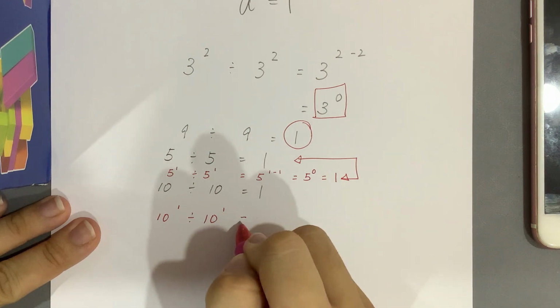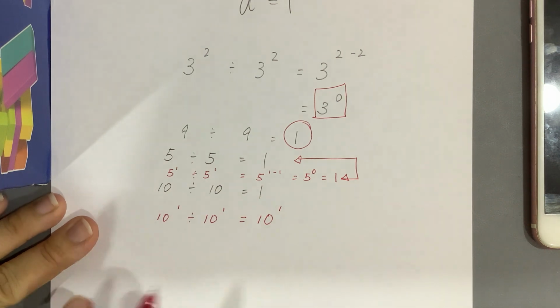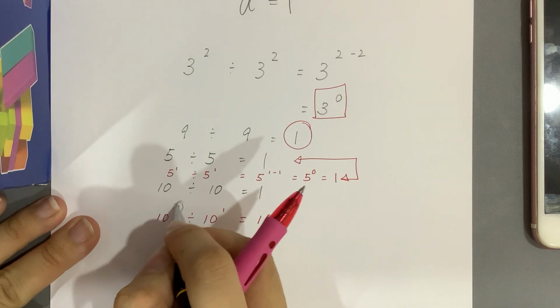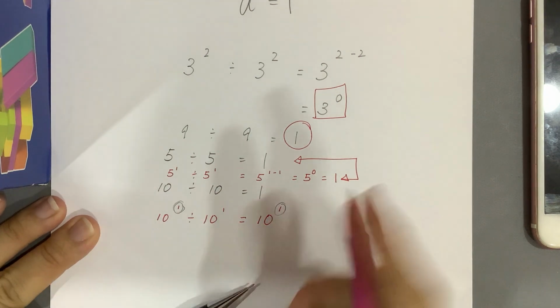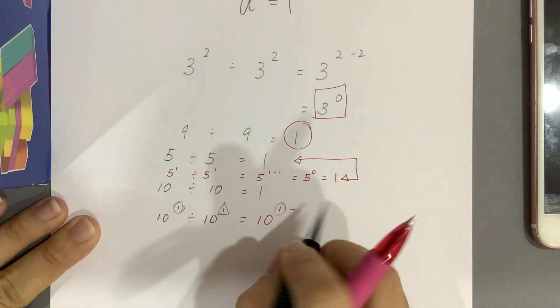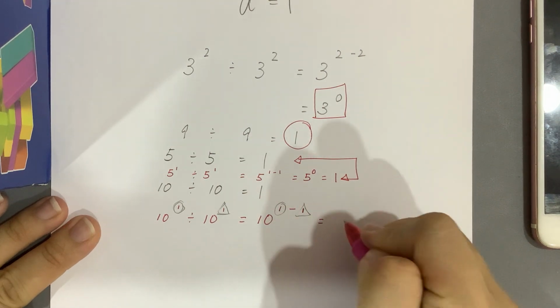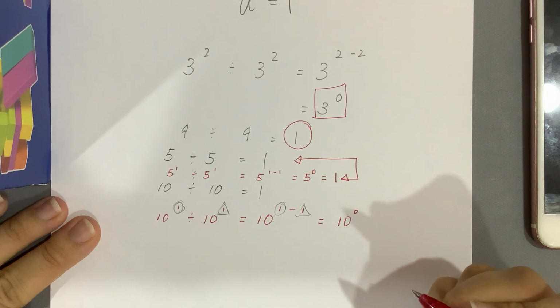So the base is actually 10. The power is 1. Since this is minus, the first term here minus the second term here equals 10 to the power 0.